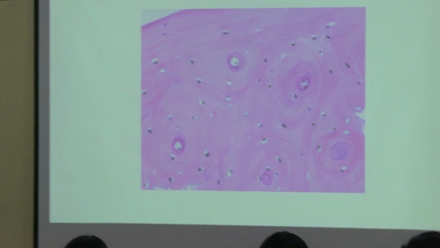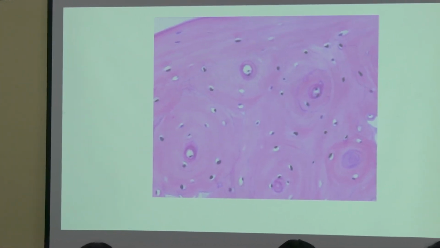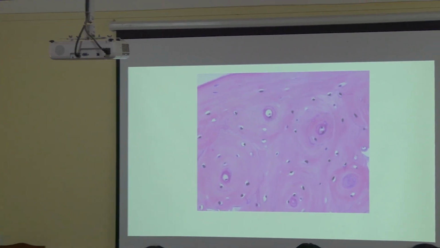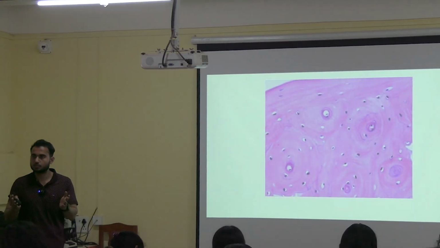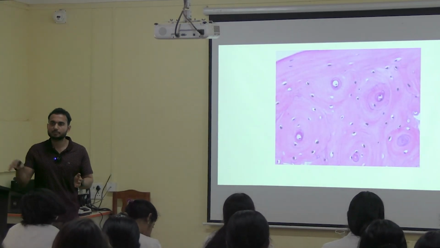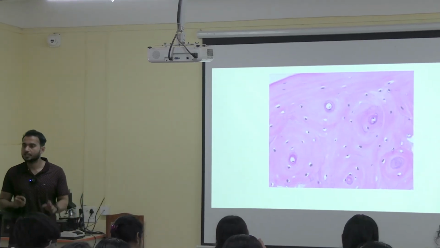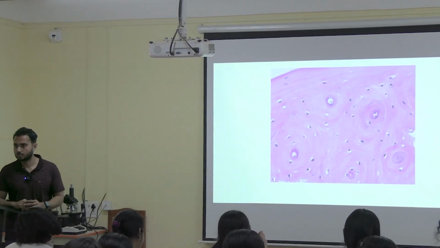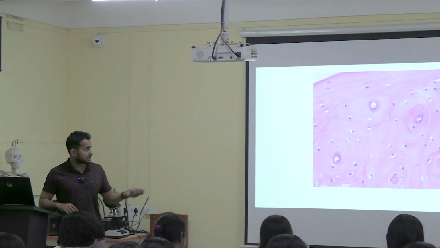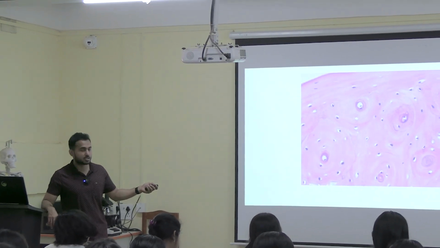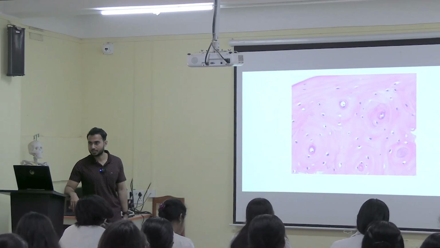Because so many chemicals we have to pour, so what happens is the cells shrink. As a result, the space occupied becomes slightly less. So the empty space which is there can be seen. Look, it is visible. Generally, it is completely occupied by the osteocytes. Okay? So this is very important. Please see the diagram carefully, because with the help of this you have to identify the slides under the microscope.